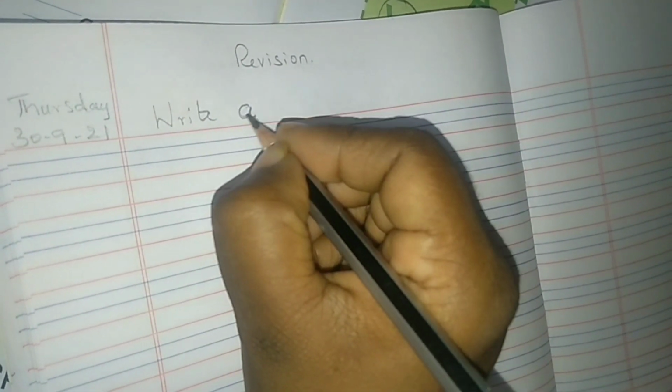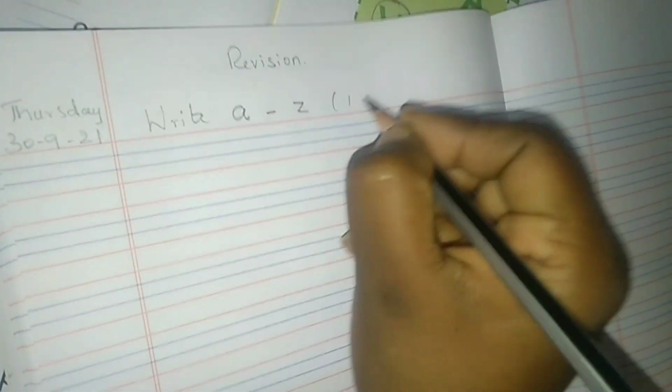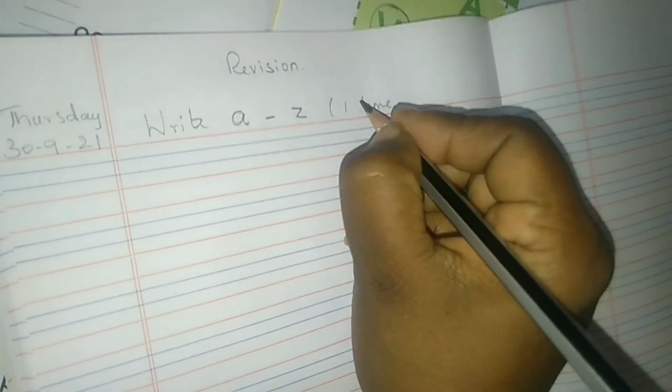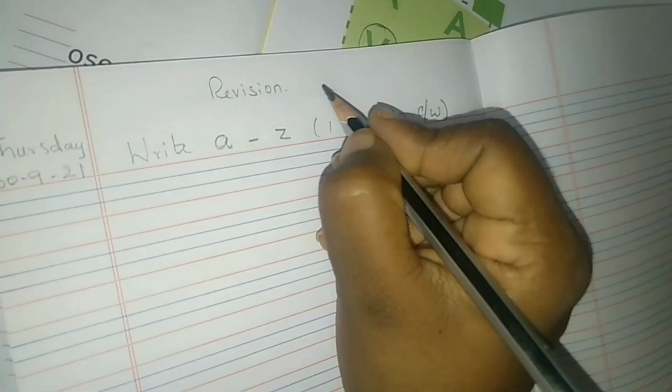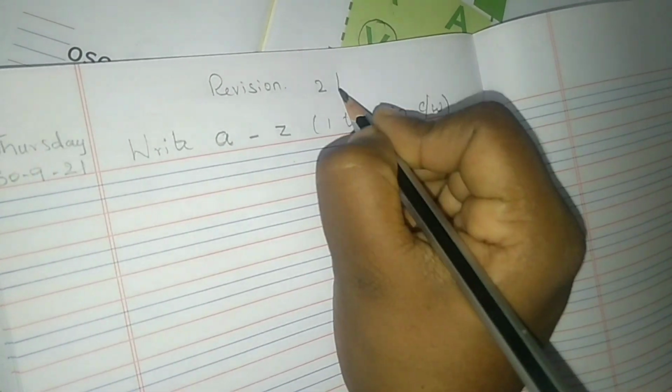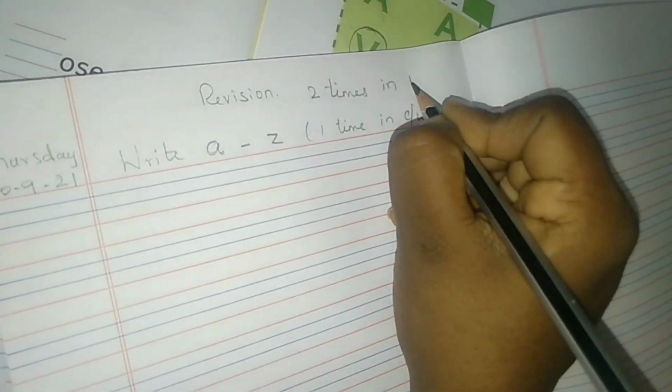Now write small alphabets, small letter A to small letter Z one time in classwork, 2 times in rough book.